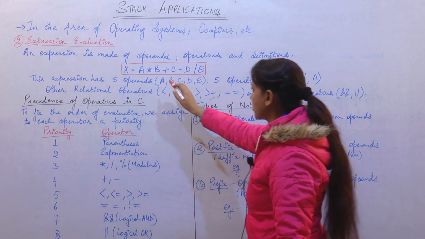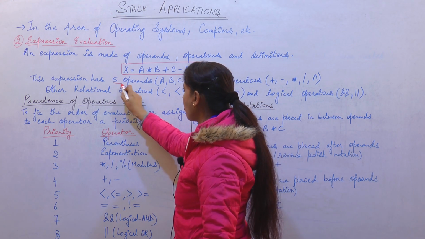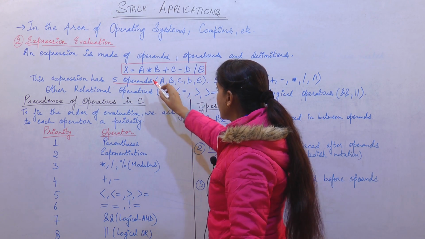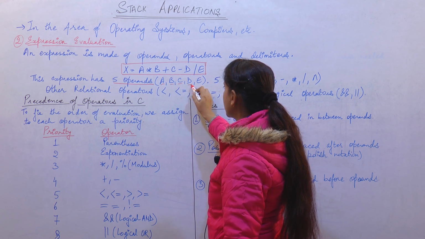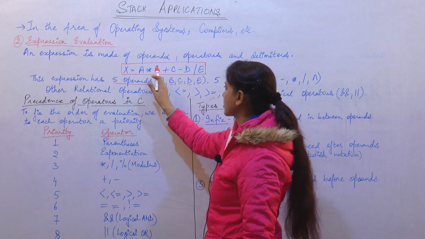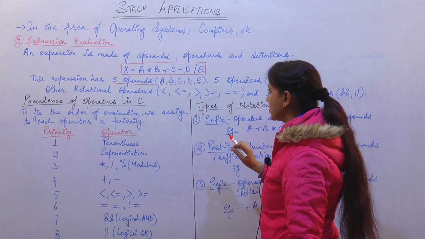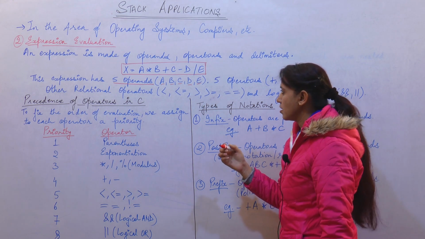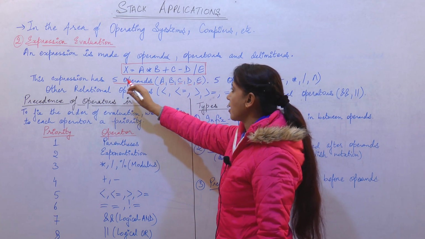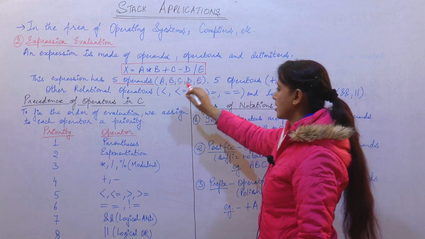According to this expression, we have 5 operands: a, b, c, d and e. This expression is a combination of operands and operators. So we will see how we can evaluate this expression.